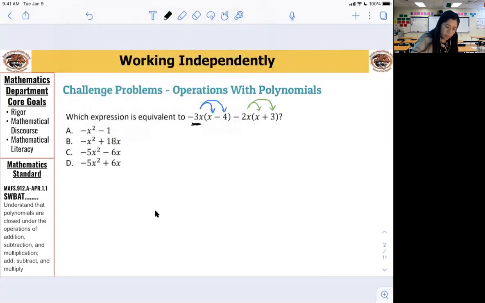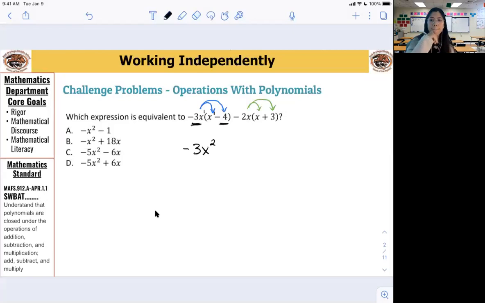So negative 3x times x, what do I get? Negative 3x to the power of 2. And I get that because each of these x's has an invisible 1, and I'm going to be adding those two 1s together. So 1 plus 1, I get 2. All right, next one, negative 3x times negative 4.